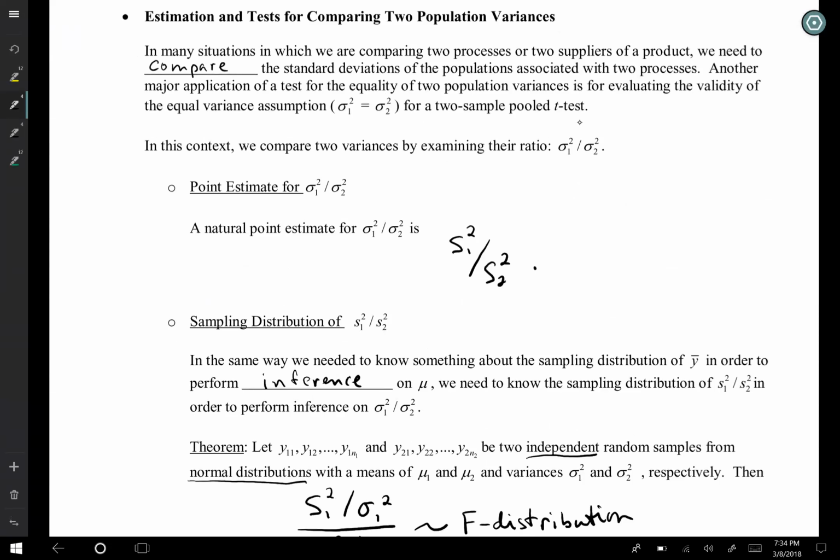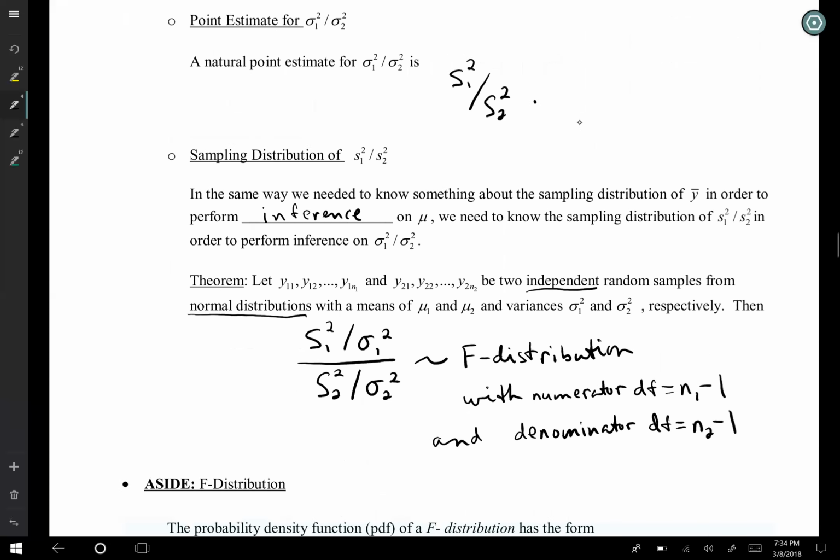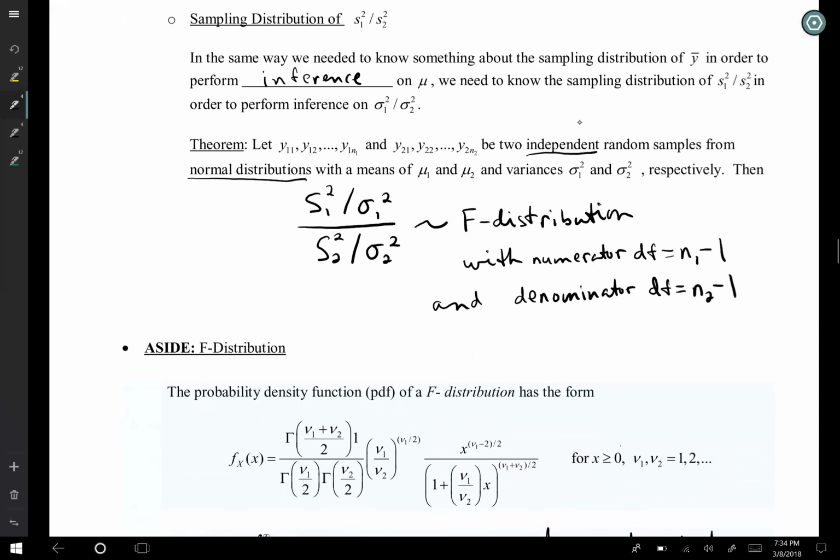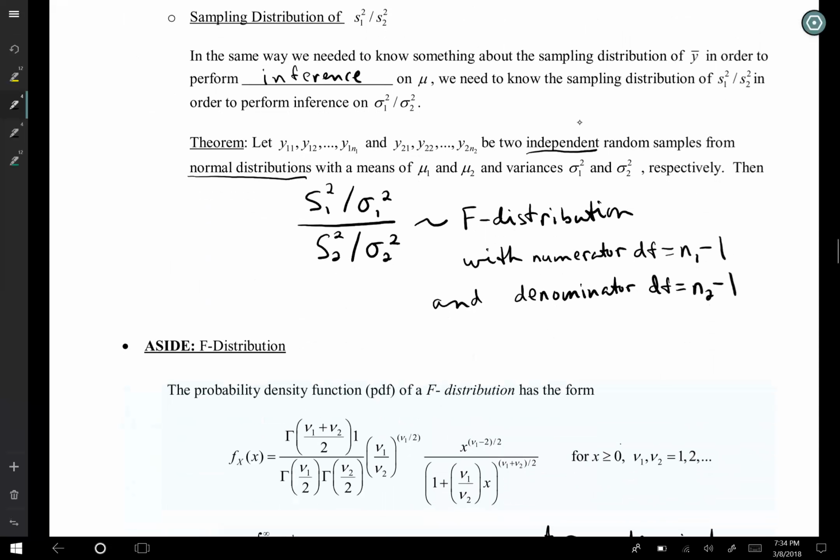Yeah, that's a good question. For us, the chi-square distribution right now is what's used in inference on a single population variance. But if you've got two population variances, then the distribution that plays a role in doing inference is the F distribution.